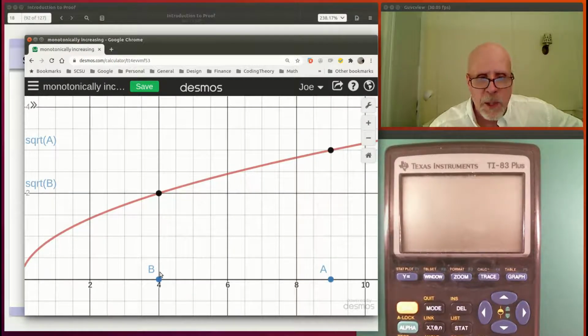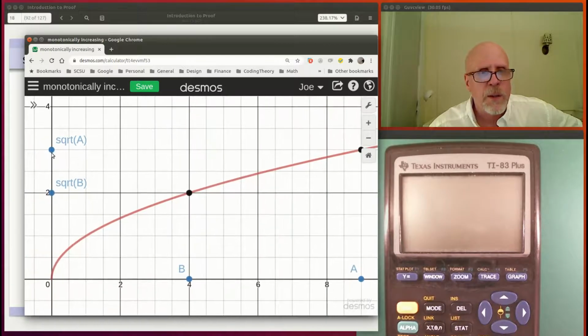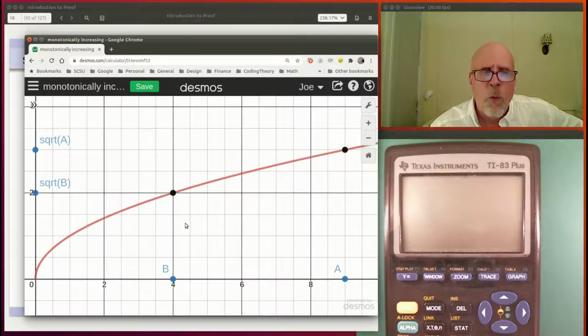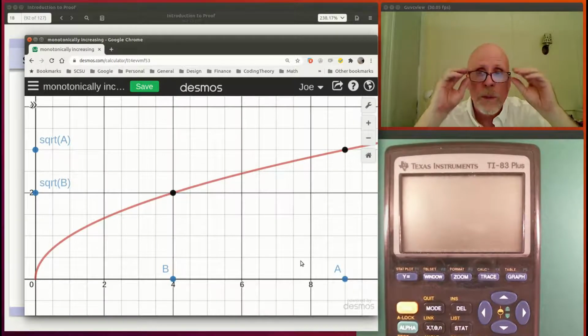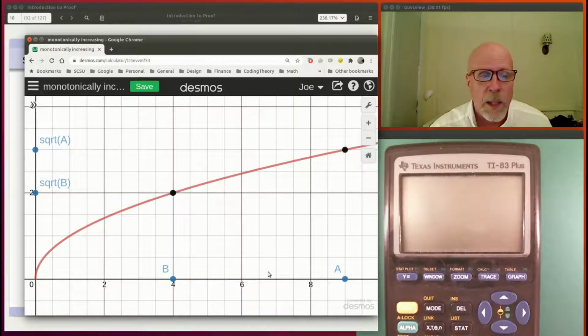So a is the bigger of them, and you notice that the square root of a is bigger than the square root of b. If you ask yourself what it was about this graph that kept the function applied to a and b in the same order as a and b were, it's that it's an increasing graph. Square root is an increasing graph everywhere.